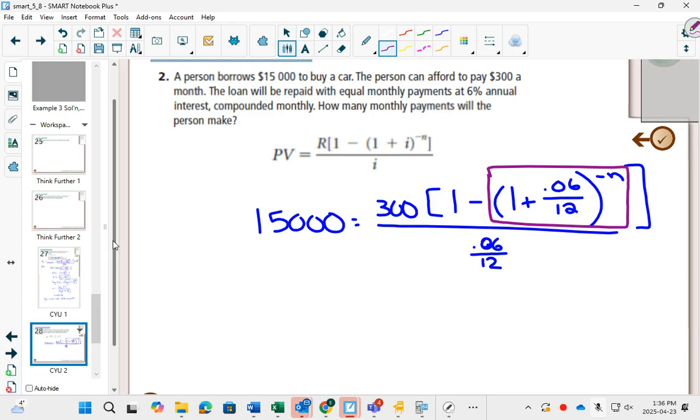Okay, so first we'll do the math. We want to get this by itself. So again, I'm going to multiply both sides by 0.06 divided by 12 so that these cancel out, but I have to do that on this side as well. Take out my calculator.